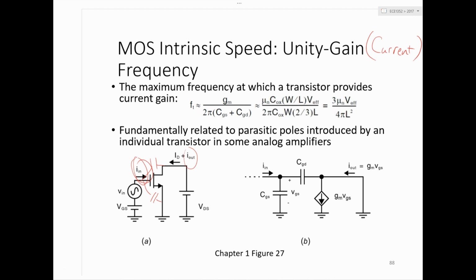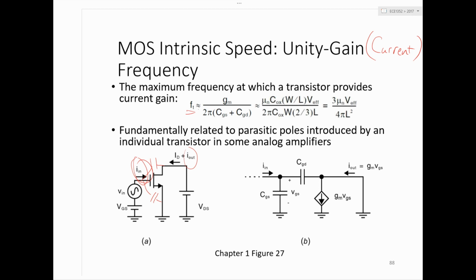It's true, but this quantity ends up being proportional to quantities you do care about once you put it into an amplifier. Those pole frequencies will be a fraction of this fT, a fifth or something like that, but still proportional to fT. So whatever you do to maximize fT is going to help those amplifiers as well.